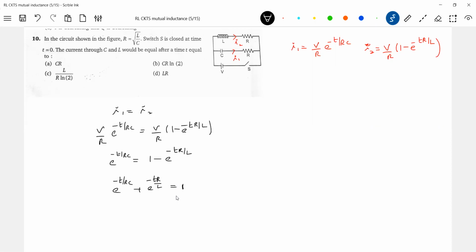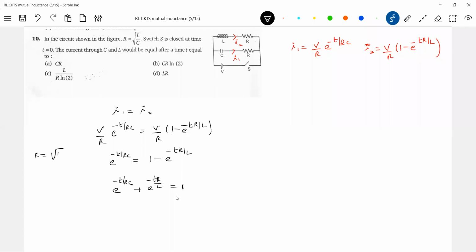It's asking for that particular time. Any mathematics, exponential one? L is equal to CR square. L is equal to CR square. From the given equations, okay.